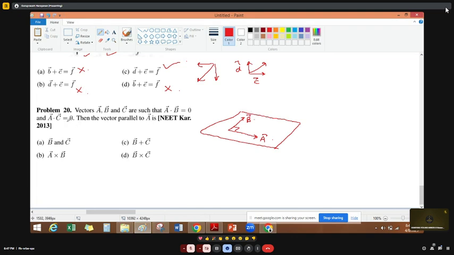They said A dot C is also 0, which means C can be, they did not say anything properly, but maybe C is along this direction. Or it can be perpendicular to A in some other fashion. So that means it can be coming out of the paper like this. So the C can be like this or like this.